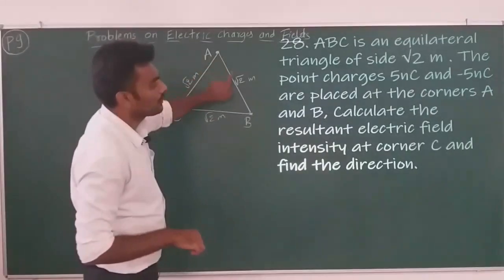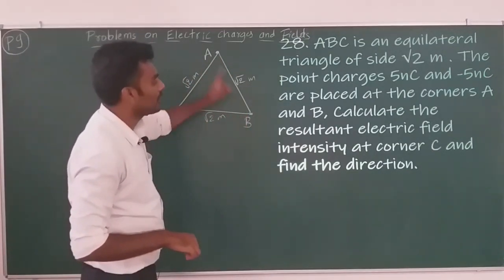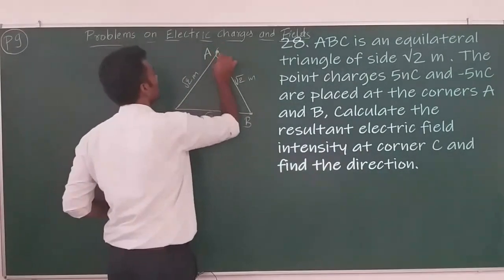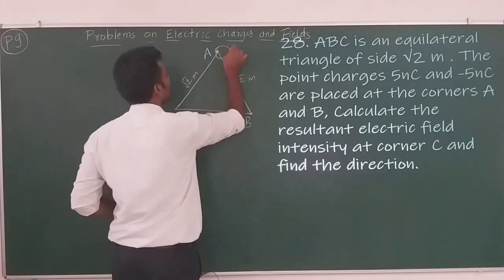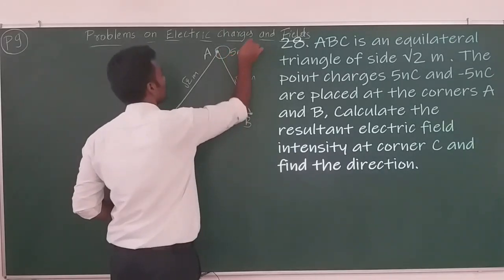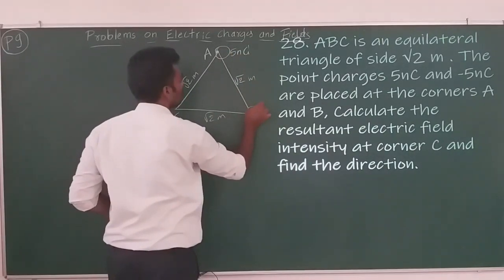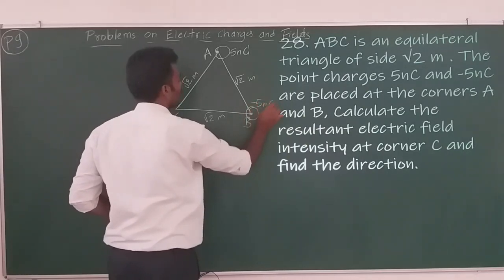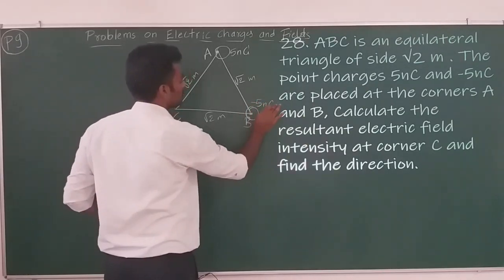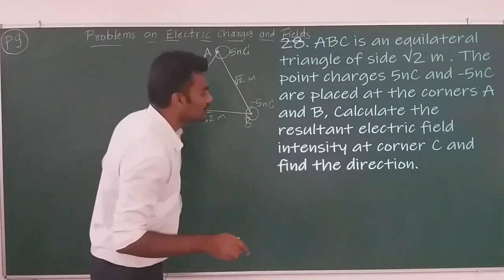Charges of 5 nanocoulomb and minus 5 nanocoulomb are kept at A and B, right? So here you have 5 nanocoulomb kept, and here you have minus 5 nanocoulomb kept, and there is no charge at C.